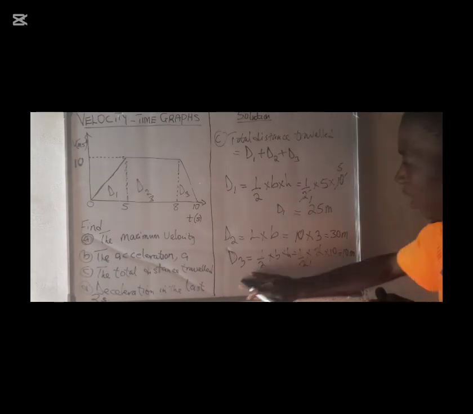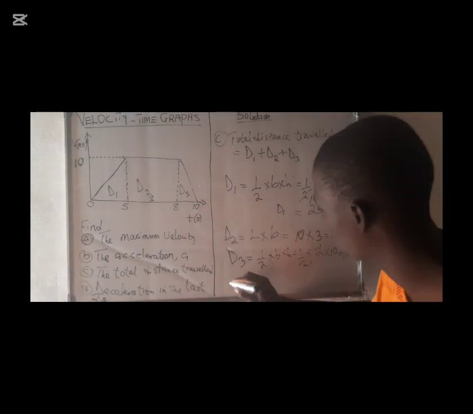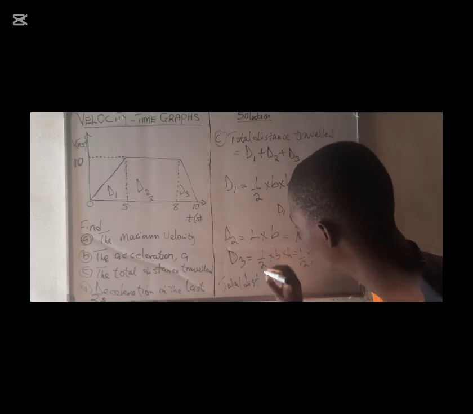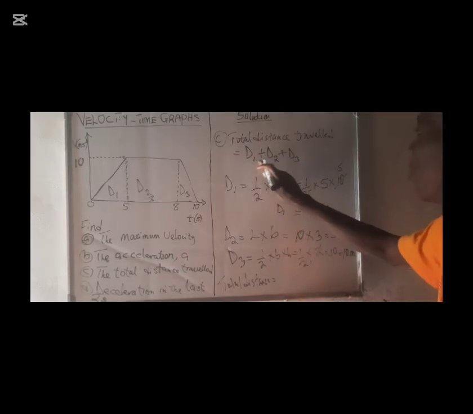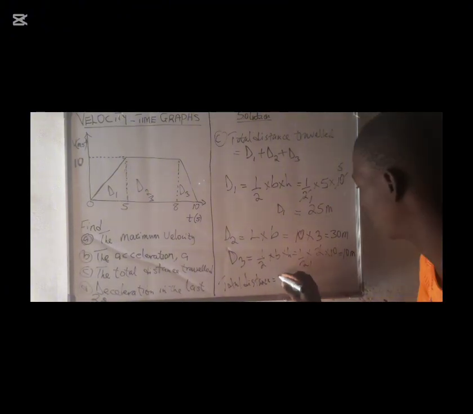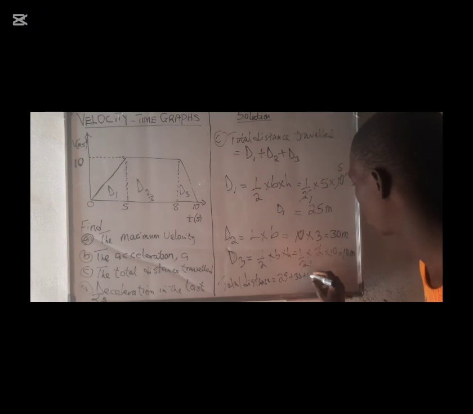So now the total distance traveled will be d1 plus d2 plus d3. That is 25 plus 30 plus 10.